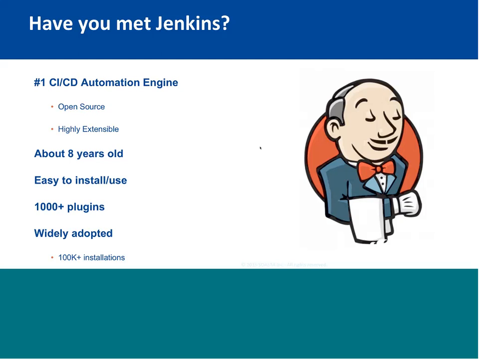It has a very large plugin ecosystem. There are over 1,000 plugins that enable Jenkins to integrate with practically any tool or process in your pipeline. The fact that it's easy to install and that it supports such a large ecosystem has resulted in wide and rapid adoption. Today, we have over 100,000 installations of Jenkins in the market.